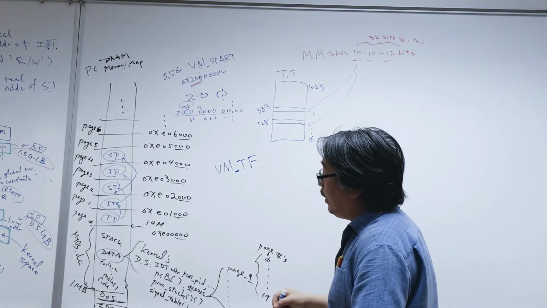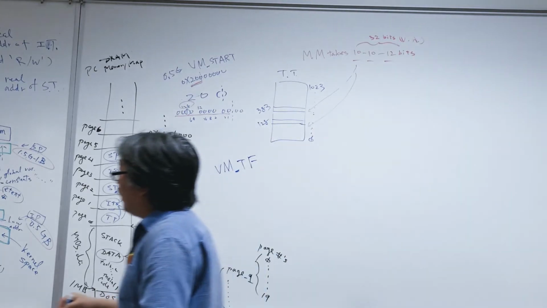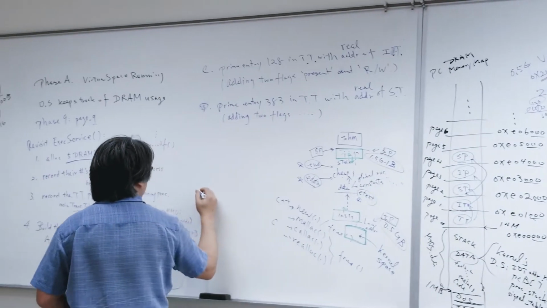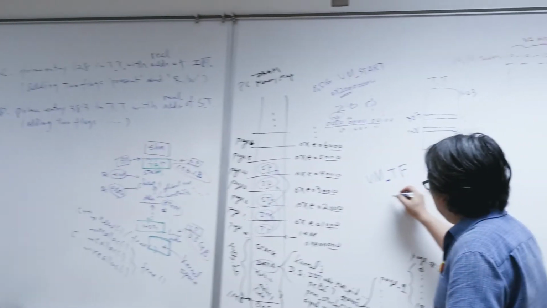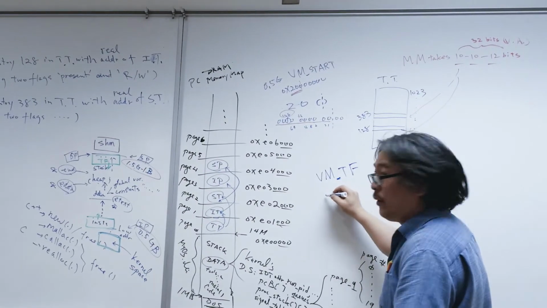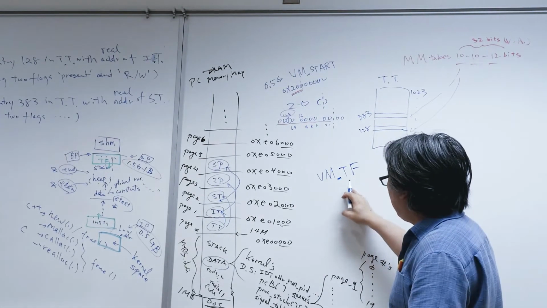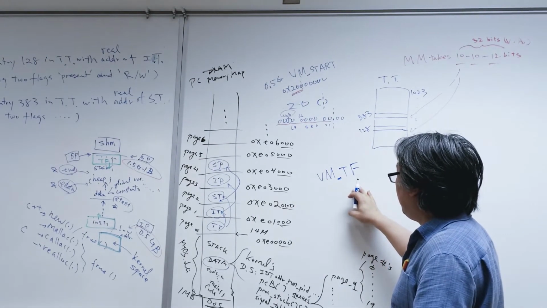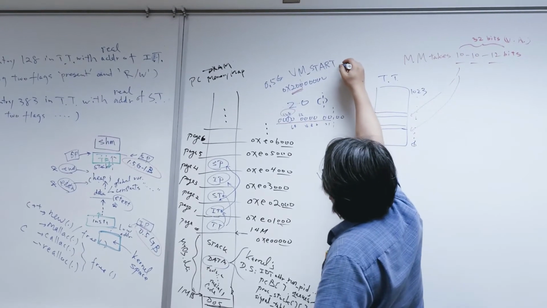Because the PCB is going to be put in where the VM traffic is. Okay, so here we're going to get to that point. So the VM traffic is, where's the VM traffic? Plus this number is a virtual address where the traffic is in the virtual memory. And then the start is also where the EIP starts.